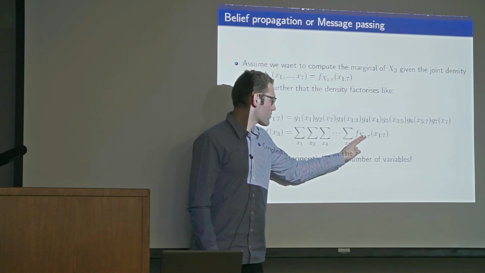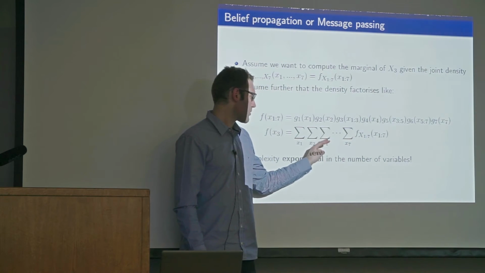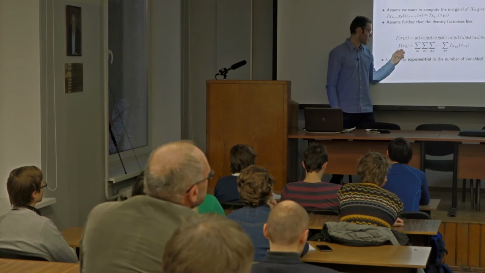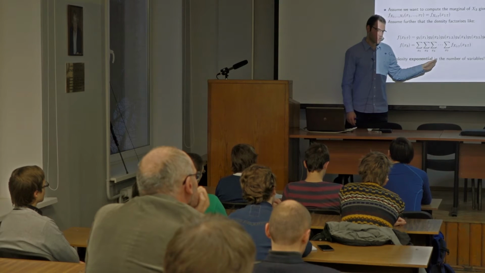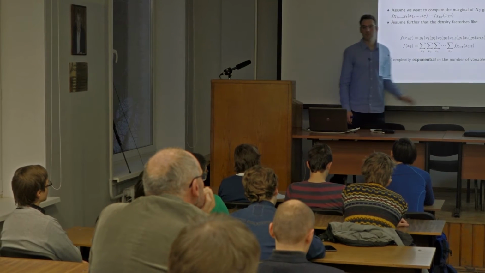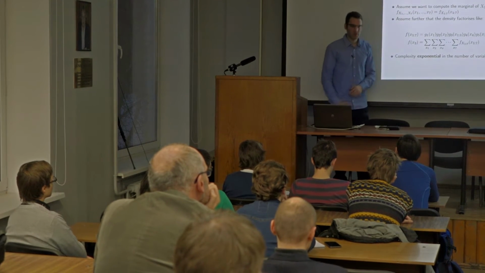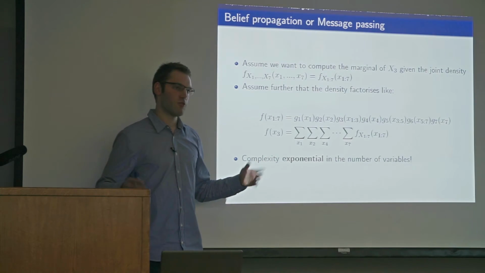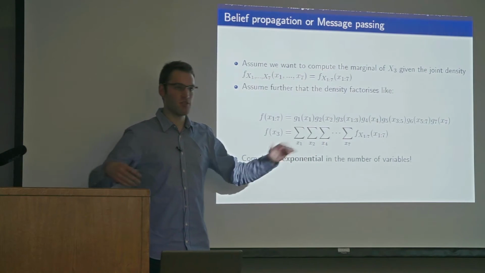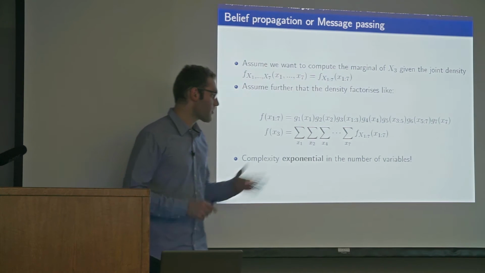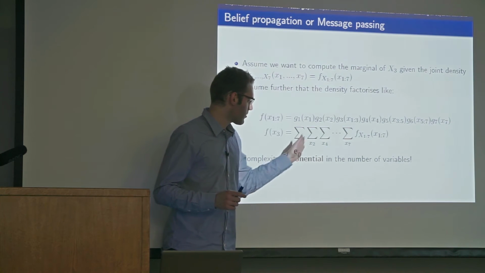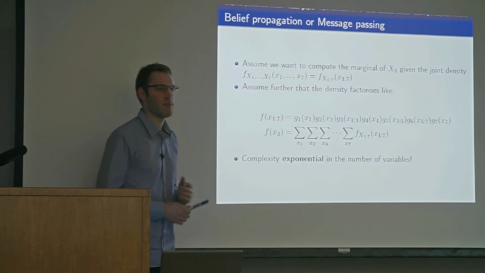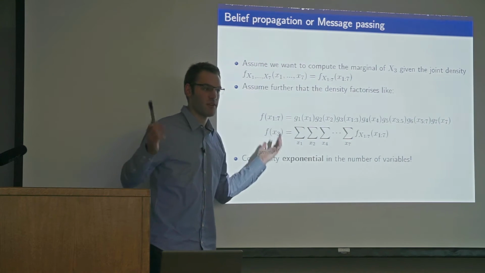That means we have 2 sums times 2 sums times 2, and so the marginal would cost exponential in the number of random variables. 7 is not a big deal, but with low density parity check codes or turbo codes or polar codes, the code words are huge, like 2,000 or more bits. So this exponential brute force computation would become prohibitively expensive.